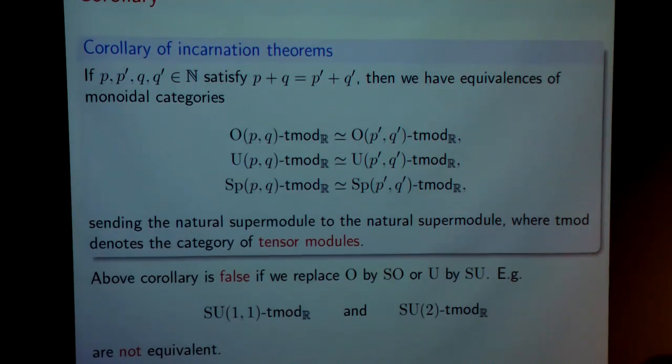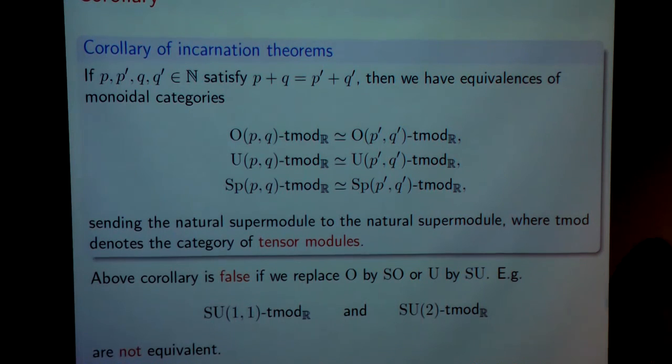So one nice corollary that you get from these results is the following. If you take P, P prime, Q, and Q prime, where P plus Q is the same as P prime plus Q prime, then OPQ, the category of tensor modules over that, and OP'Q' are equivalent.